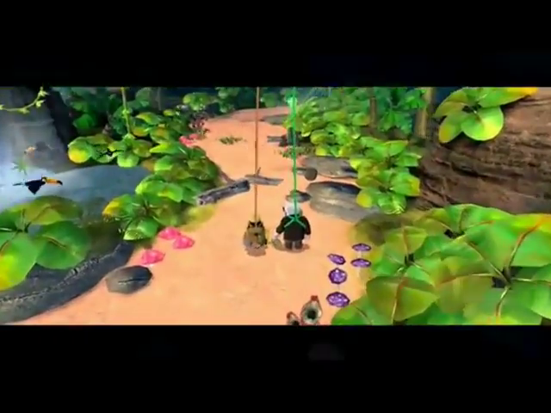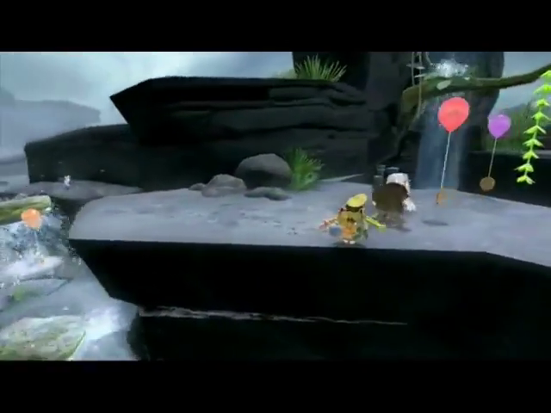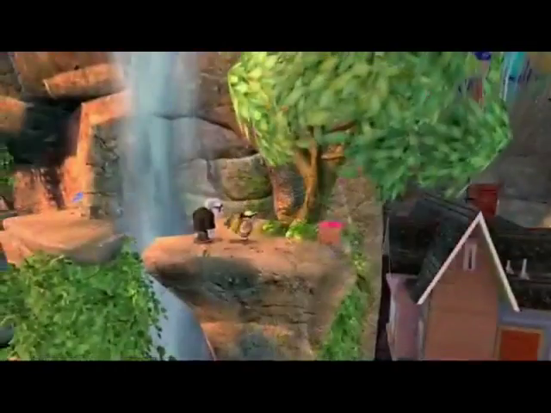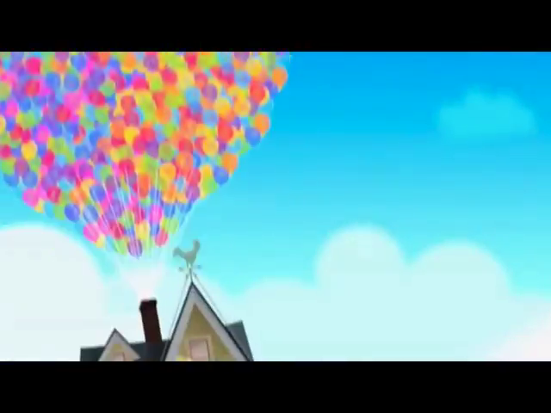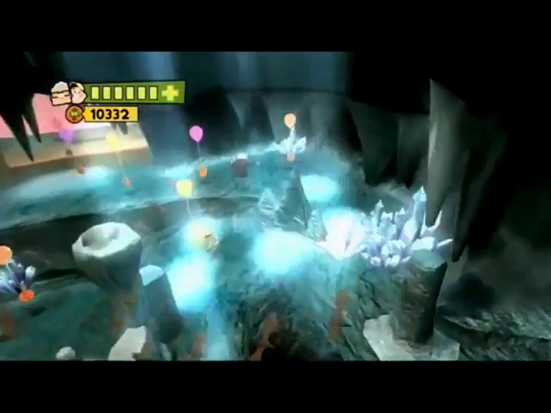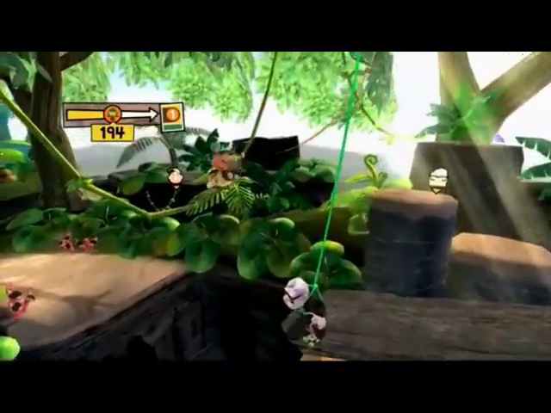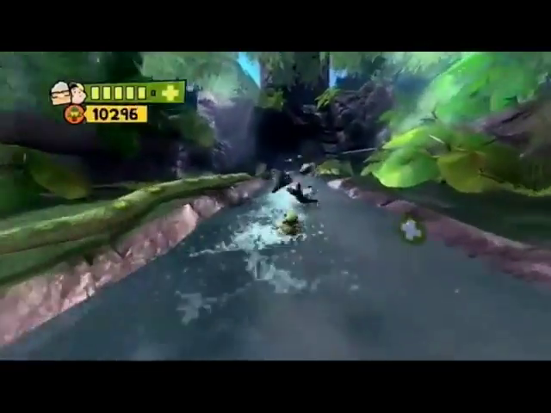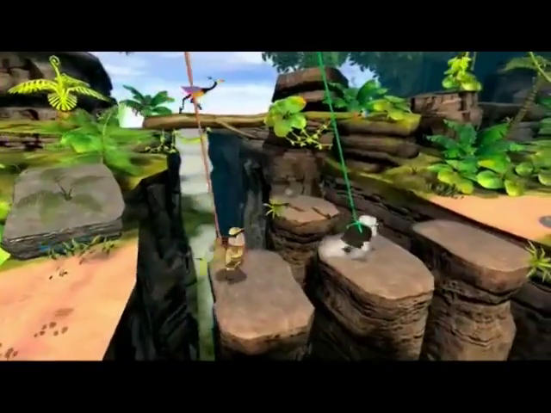Rated E10 for ages 10 and up. This summer, discover a lost world. Disney Pixar Up, the video game. Hold on for an amazing journey. Travel through undiscovered jungles of South America.